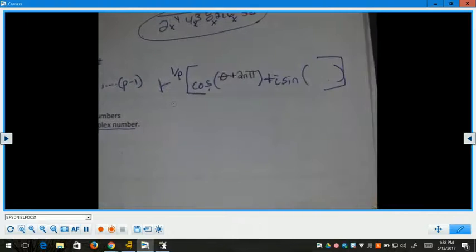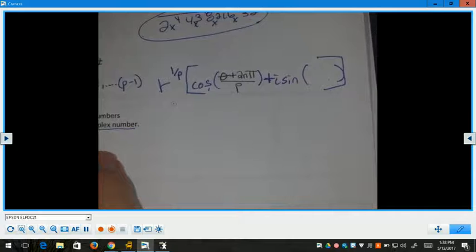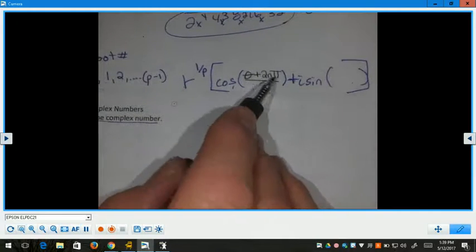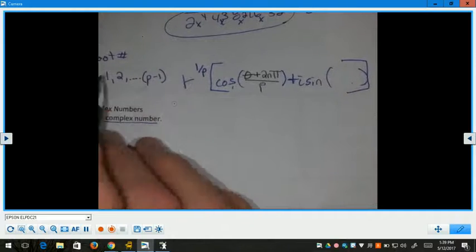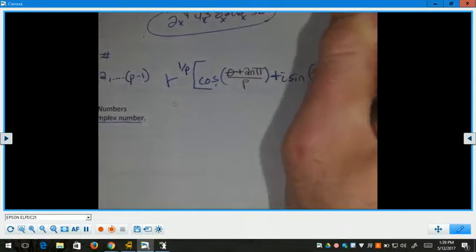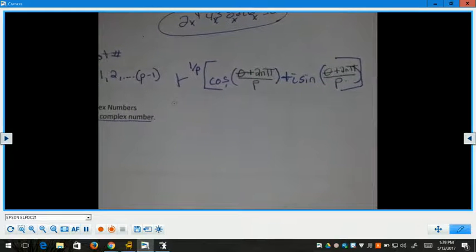That's how we're going to find it for each root that we're finding. When we go to find the 0 root, n will be 0. When we go to find 1, n will be 1, and so on. And this will get us all of those roots.